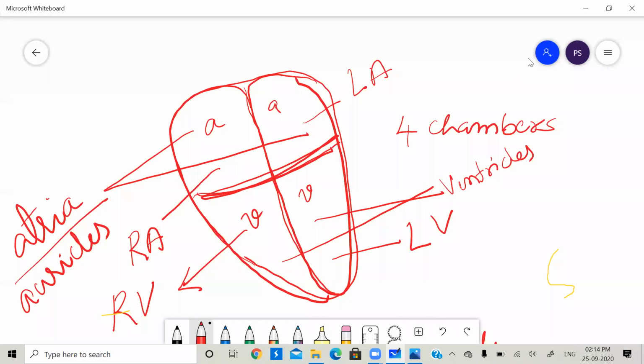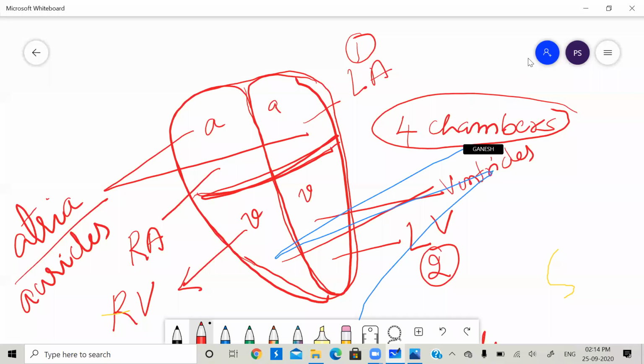So the heart is divided into 4 chambers: left auricle, left ventricle, right ventricle, and right auricle. This is briefly the structure of the heart.